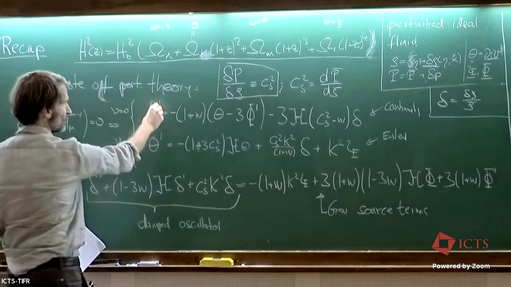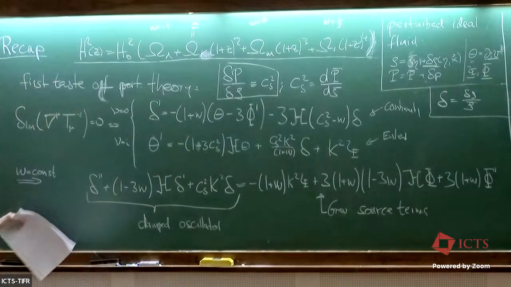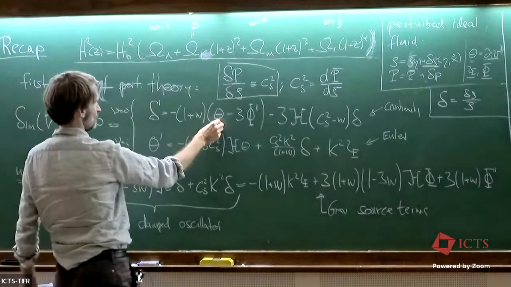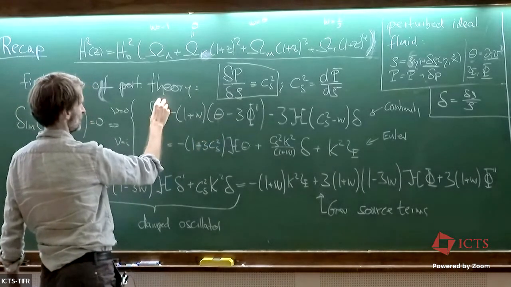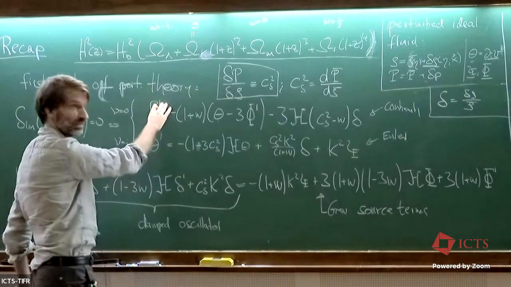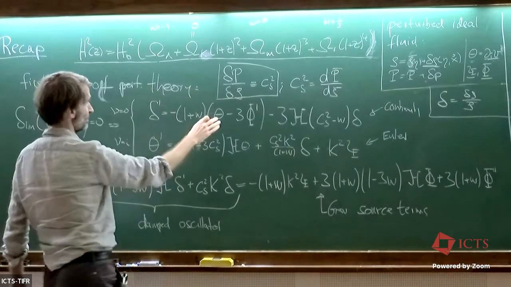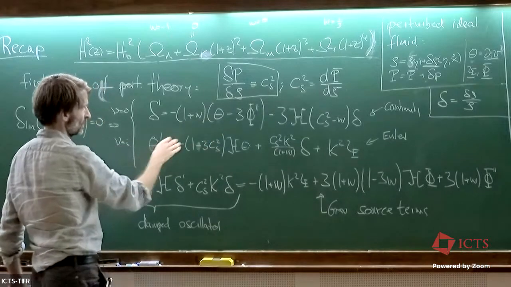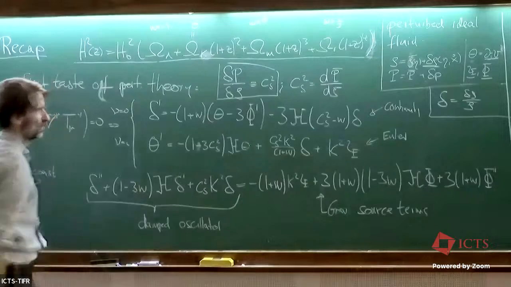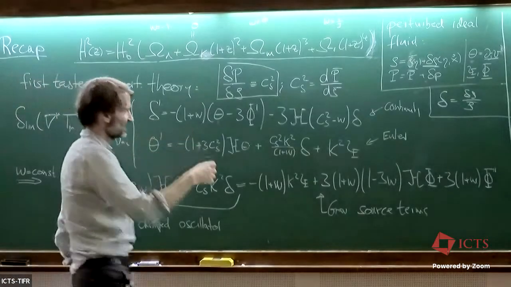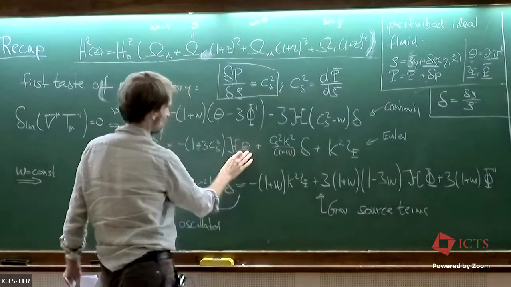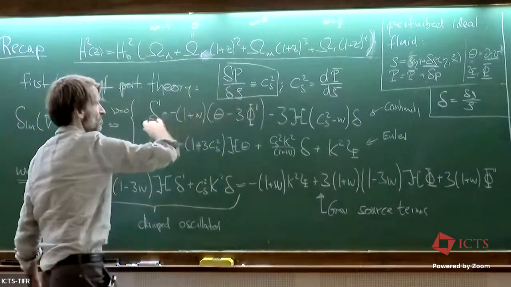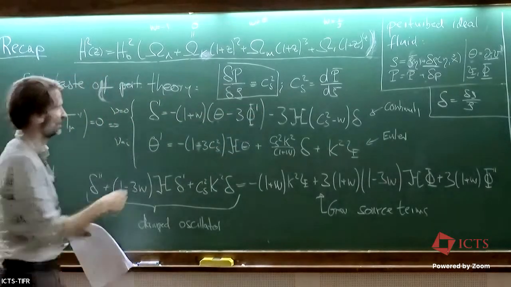You can combine these two equations into one, because you have a theta dependence here, so you can take the time derivative of that equation, which creates a theta primed. Then you can use the other equation to substitute in the theta primed. In the resulting equation, you are going to get a theta dependence, but then you can use the original equation to get rid of that theta dependence.